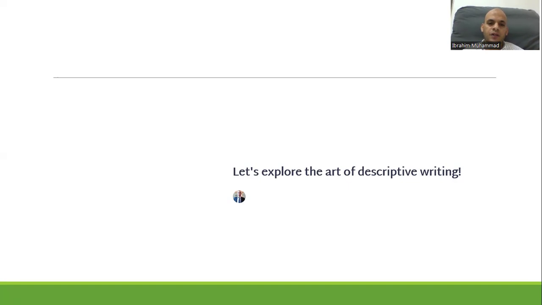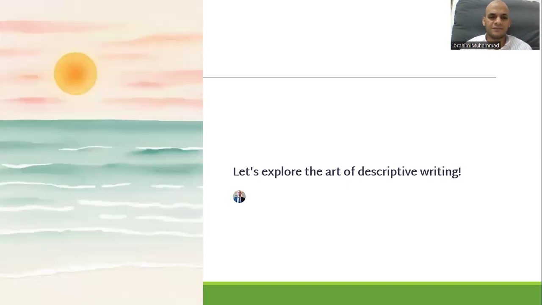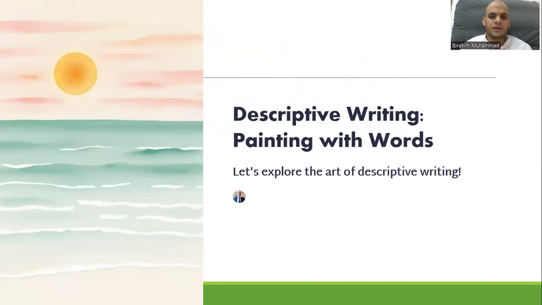Here today, we are going to talk about the art of descriptive writing. I'm Ibrahim Muhammad, and nice to meet you. Let's start. First of all, descriptive writing paints with words.